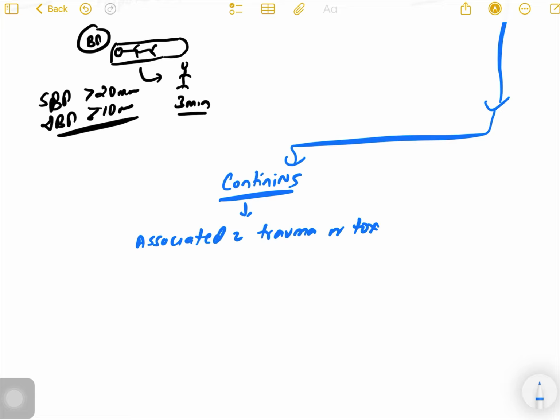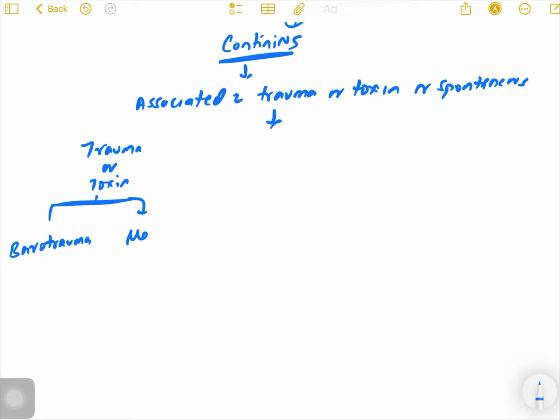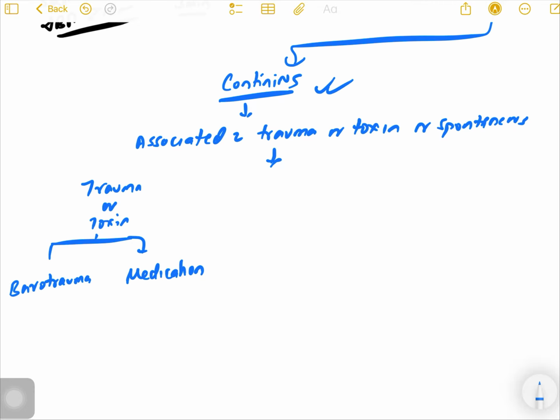If it's associated with trauma or toxin, then that can be due to viral trauma or due to medications. Sometimes benzodiazepines and other medications can cause dizziness which is continuous. We have to find that out.